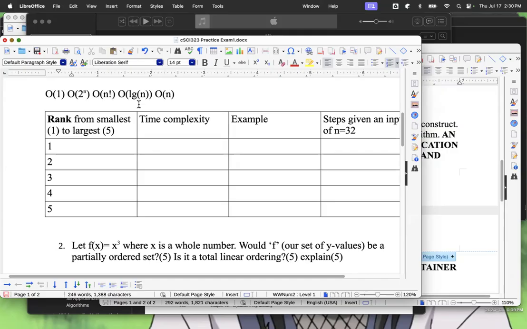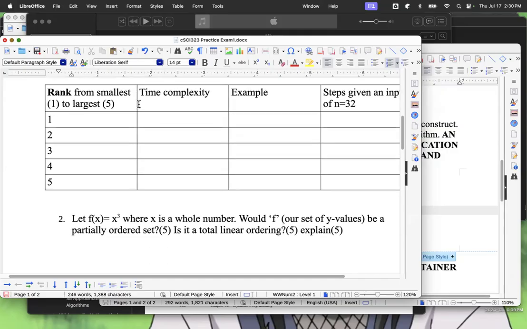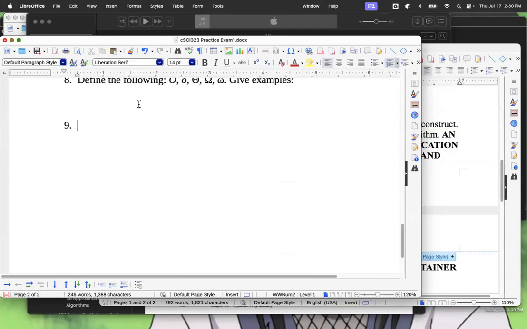If I asked you about 2 to the n versus n factorial, then what? So let's suppose that we had something like: show that 3 to the n is less than n factorial, okay?